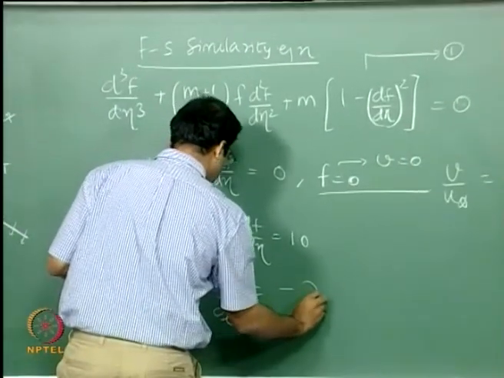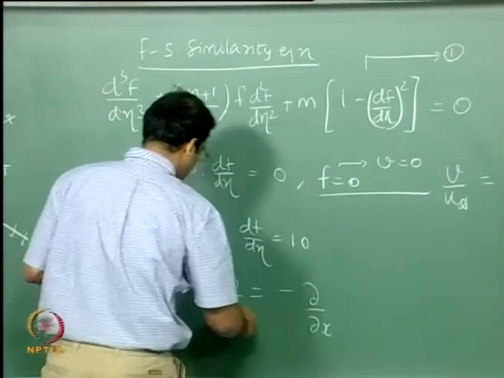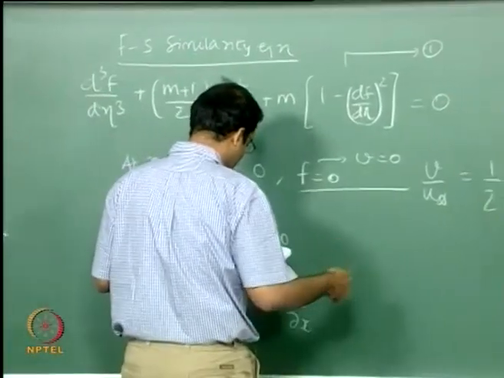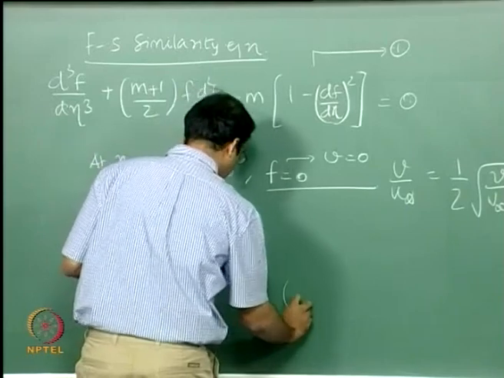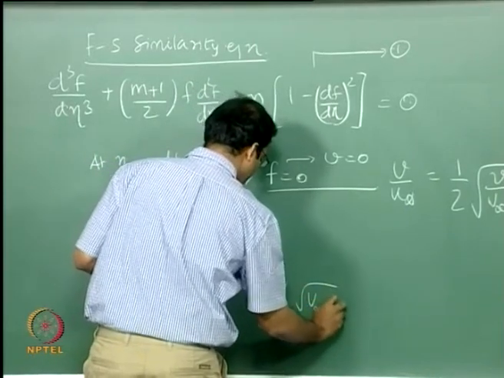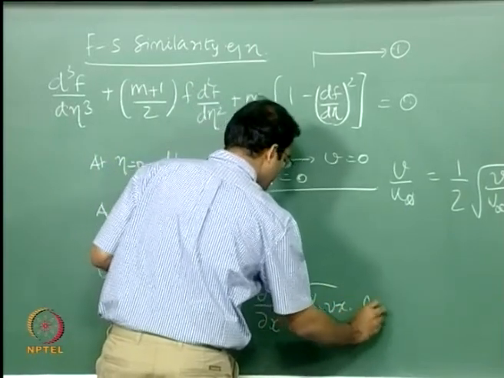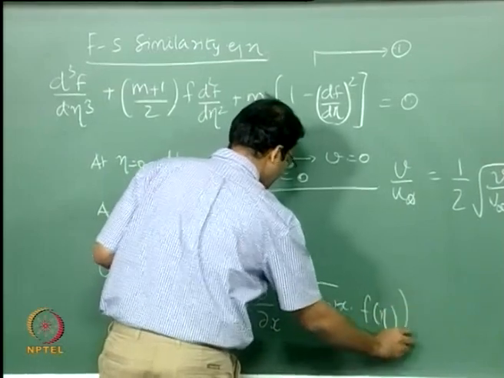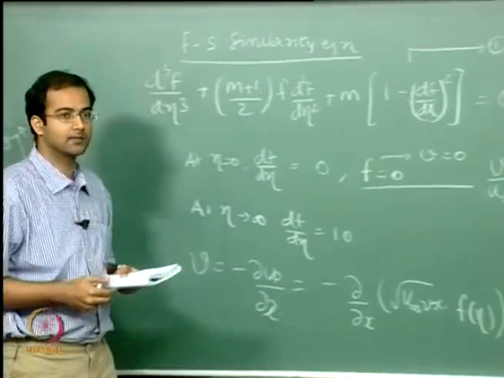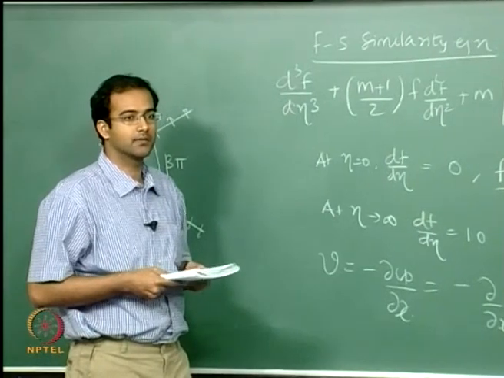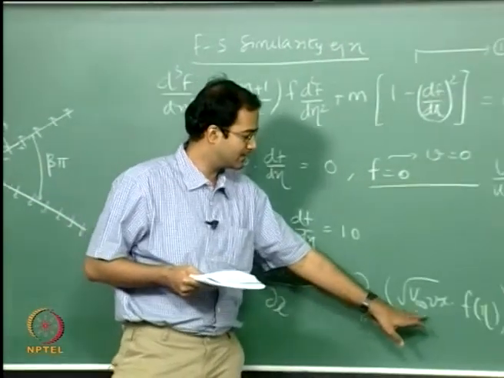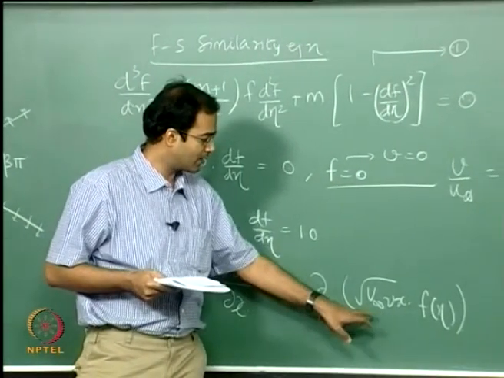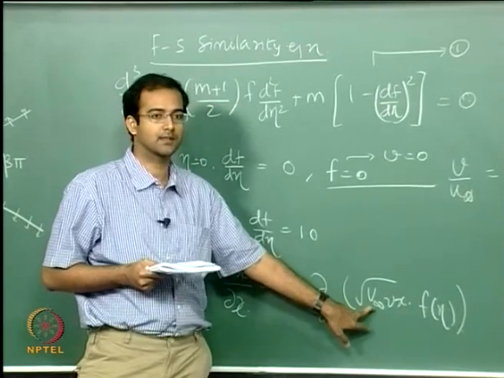So this is nothing but minus d by dx of the stream function, which in terms of the similarity variable can be written as square root of u infinity nu x into f of eta, right. So all of you agree. We had derived this for the Blasius case, so the same thing is valid, only thing now your u infinity is a function of x.